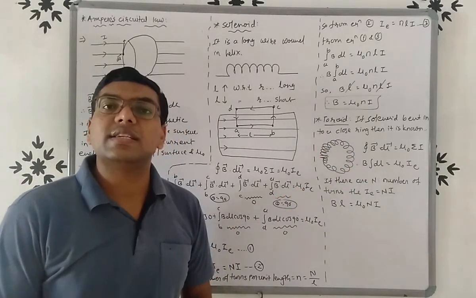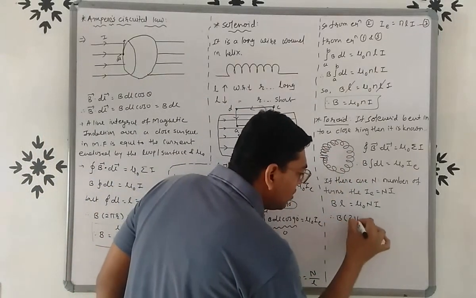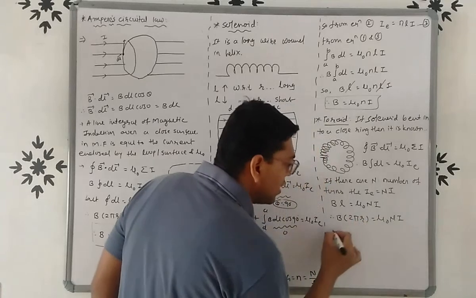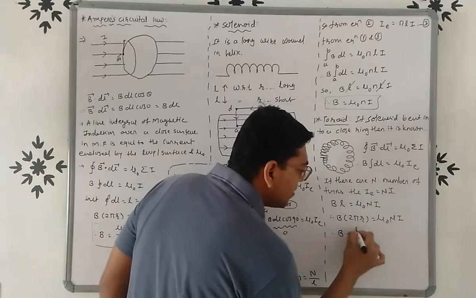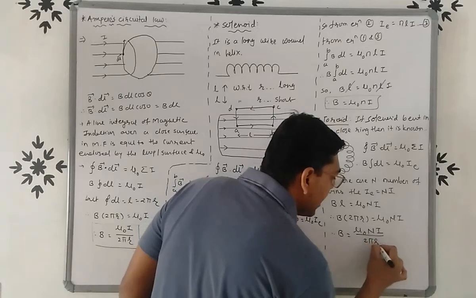So total length is circumference 2 pi r. So B into length 2 pi r is equals to mu 0 N I.